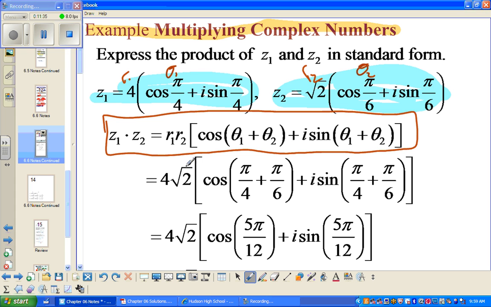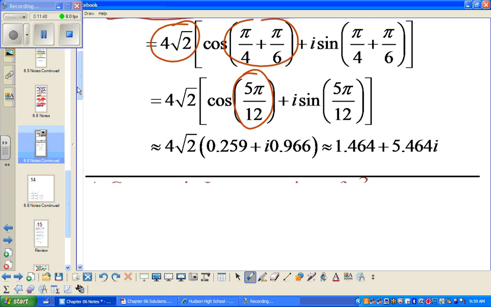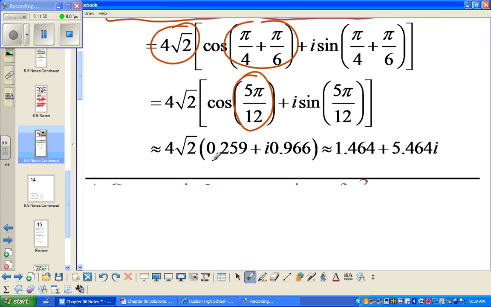4 times root 2 gives me 4 root 2. Pi over 4 plus pi over 6 gives me 5 pi over 12. There's not much farther to go. You can multiply those out or get what those actual answers are as decimals, as I've done here.